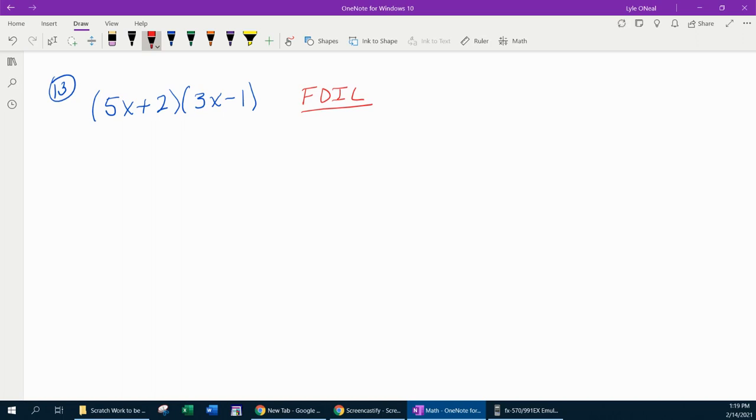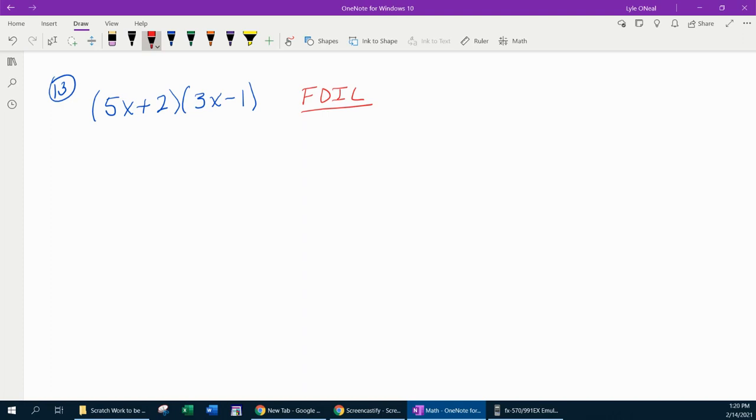And this, again, at this point, I'm going to tell you that any polynomial multiplication can be simplified down to just the distributive property. So if you understand the distributive property, you can do any polynomial multiplication.